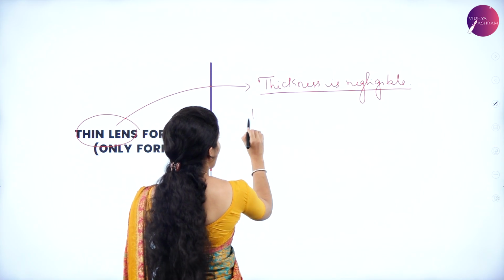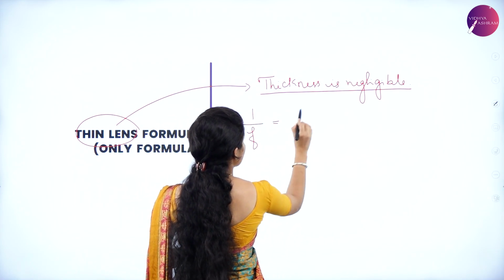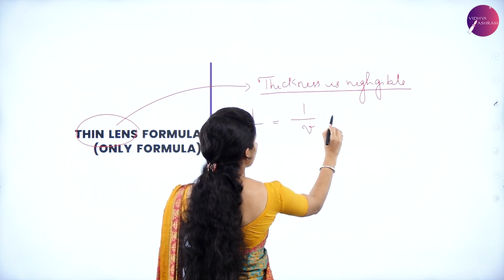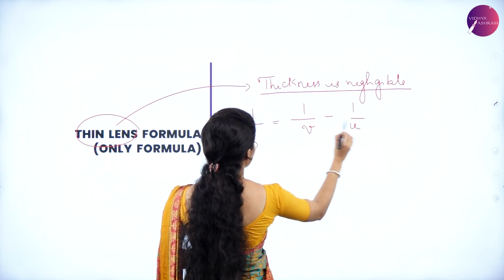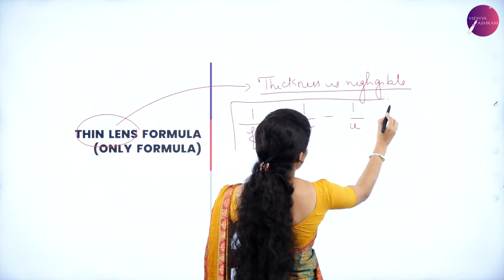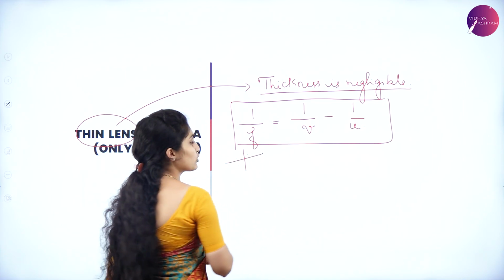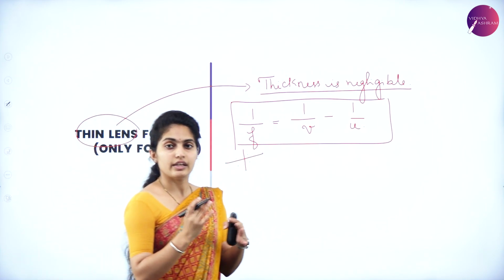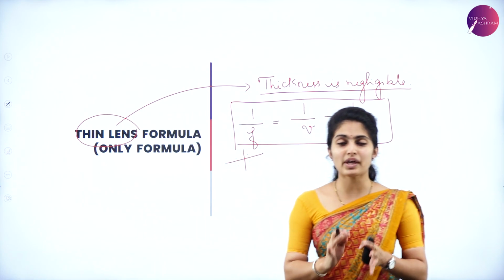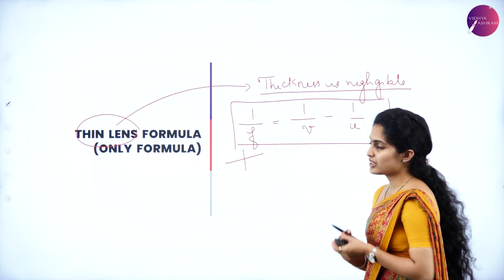It is 1 by F is equal to 1 by V minus 1 by U. This is the formula for a thin lens, which is very important for the upcoming derivations. It is very useful. So what is a thin lens?